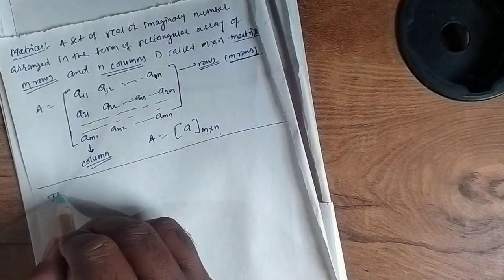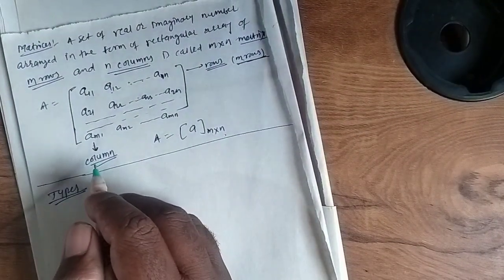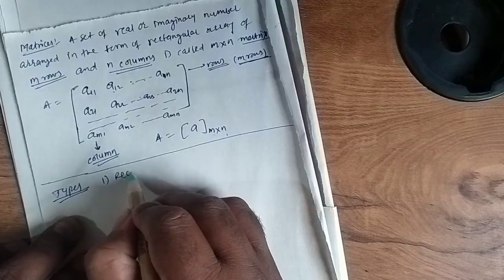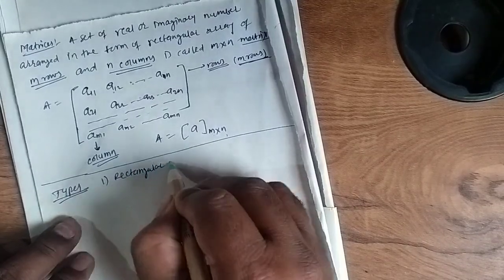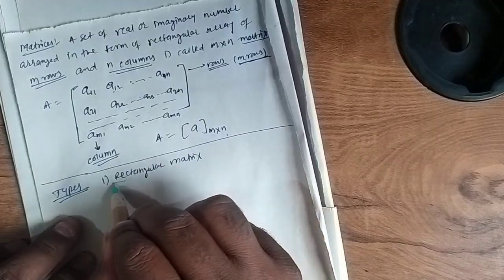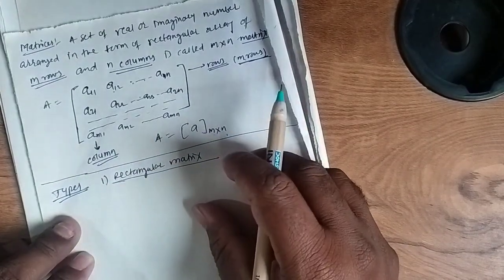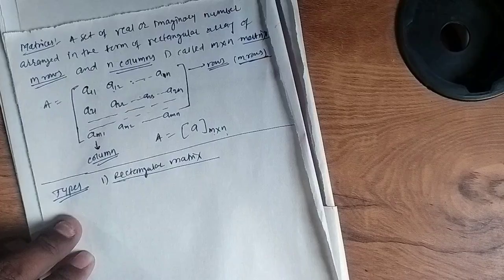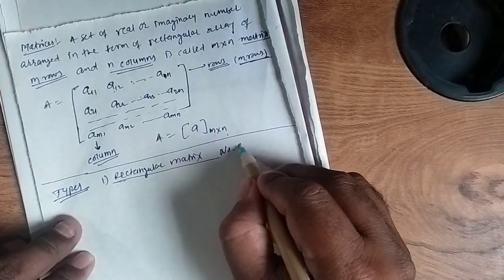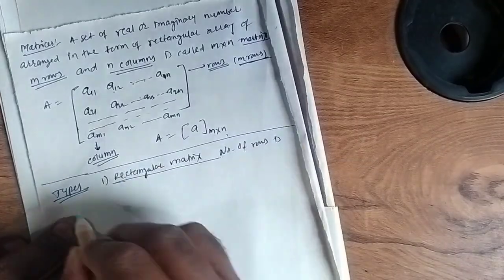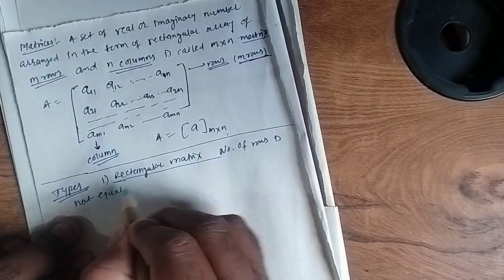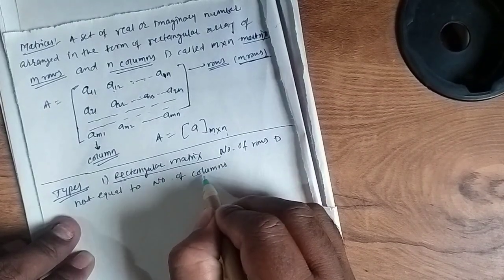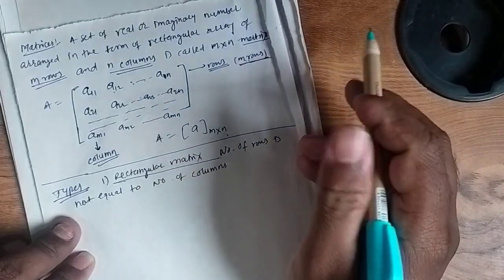Now, what are the types of matrices? Let us see. The first type is the rectangular matrix. Here the number of rows is not equal to the number of columns, meaning m is not equal to n.